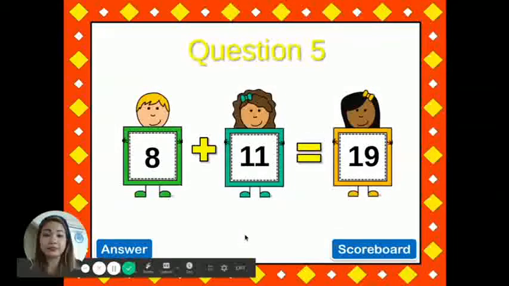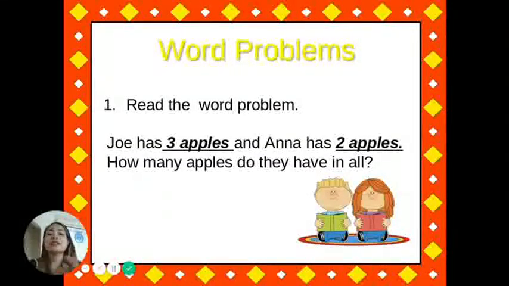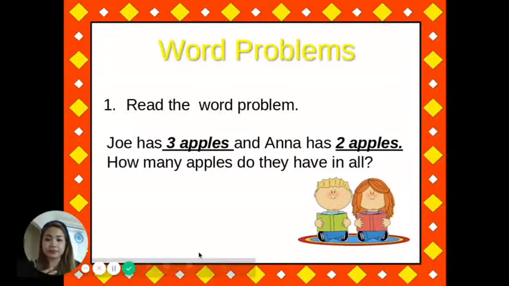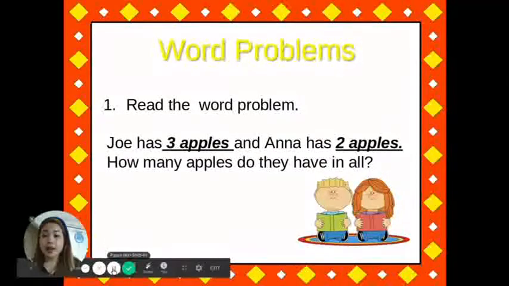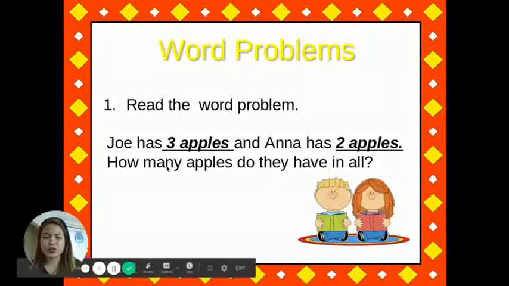Next one. Okay. Now, let's move on to the word problems, okay? Now, when we say word problem, guys, that means it is composed of sentences, all right? Sentences. Okay, so a word problem has sentences. So you cannot see only numbers.